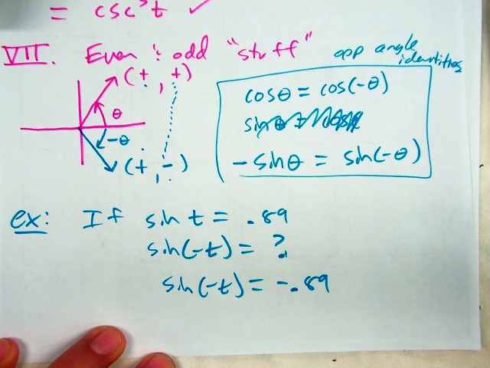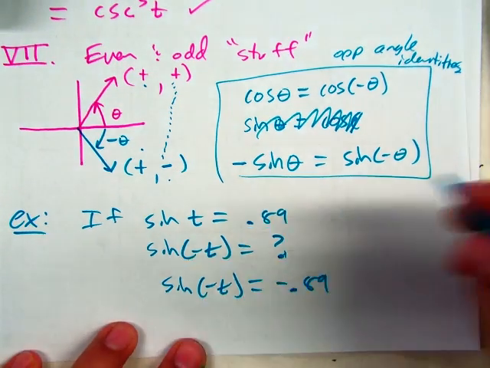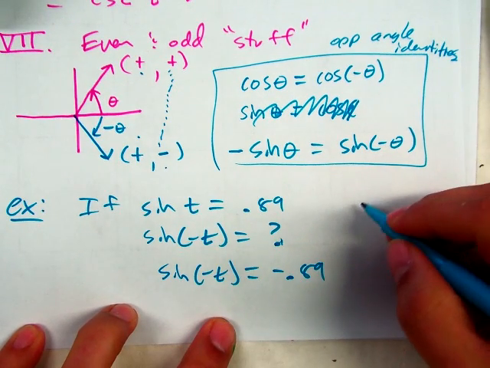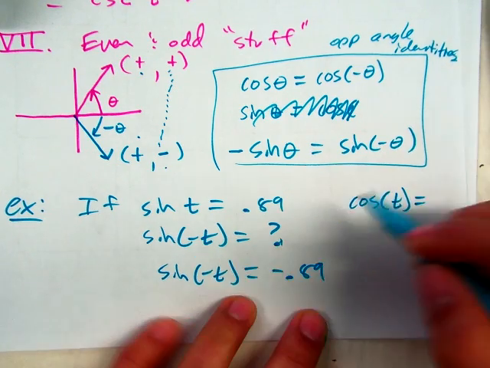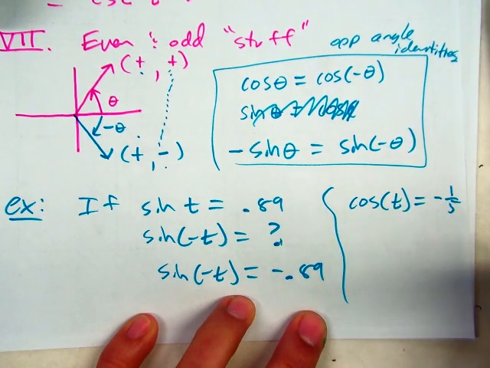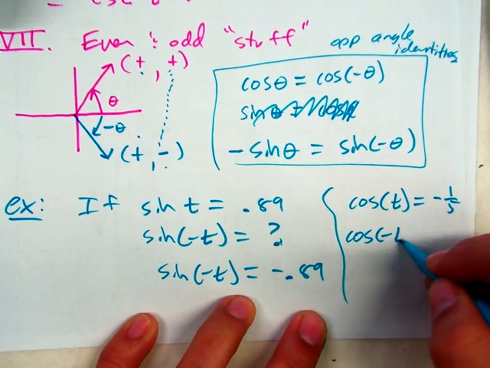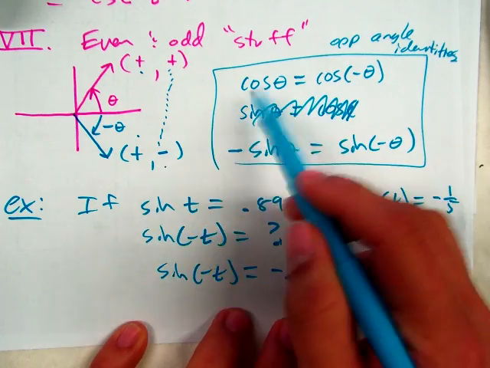These are actually really easy. Well, let's do a cosine example. Let's say the cosine of t is negative 1/5, and I want you to find the cosine of negative t. Think of the picture or think of the rule.